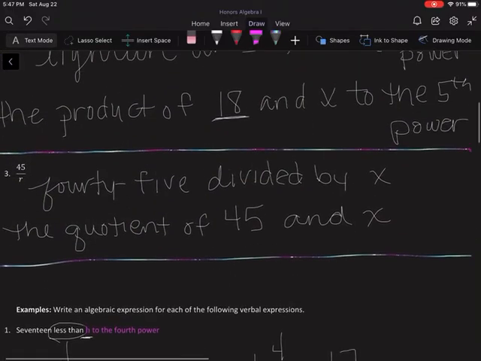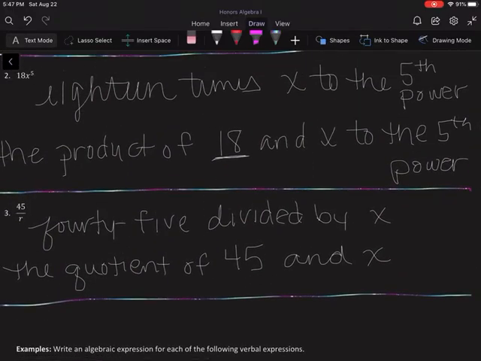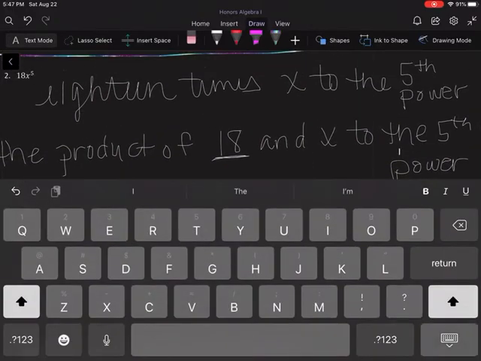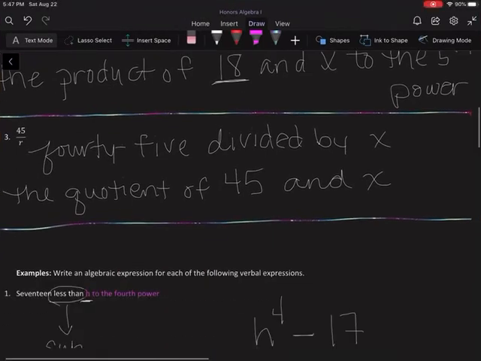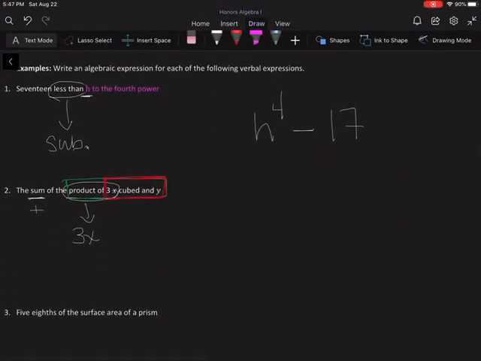So just like I had up here, the product of 18 and x, right? So those things were next to each other. Same with this down here, okay? 3x and y. So I'm going to have this.